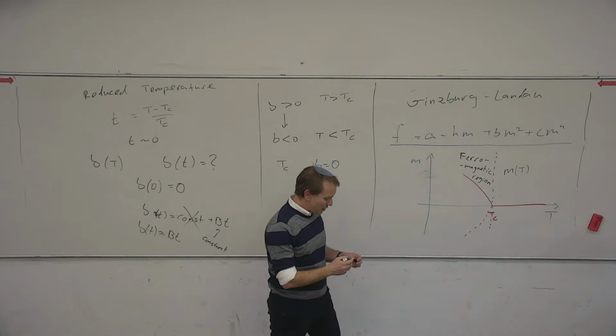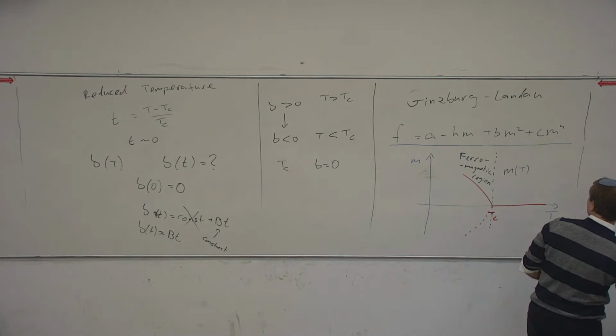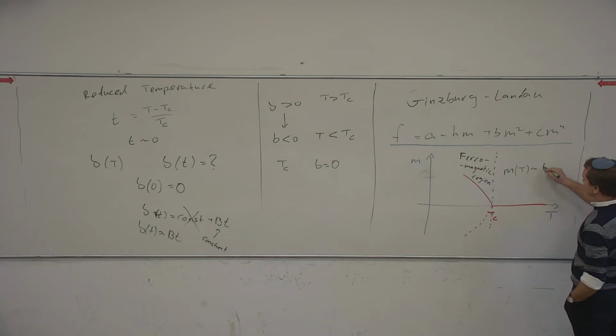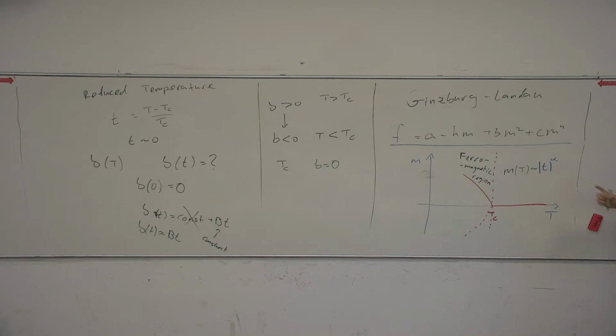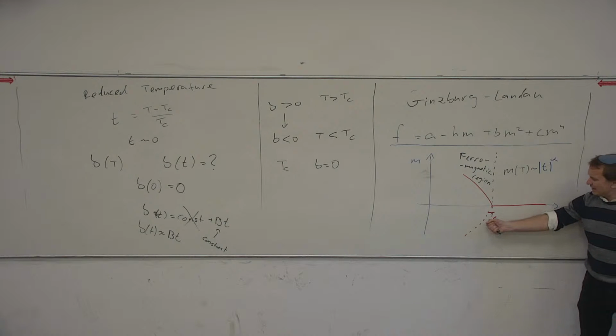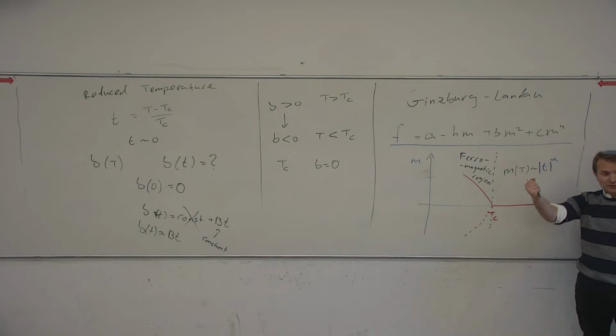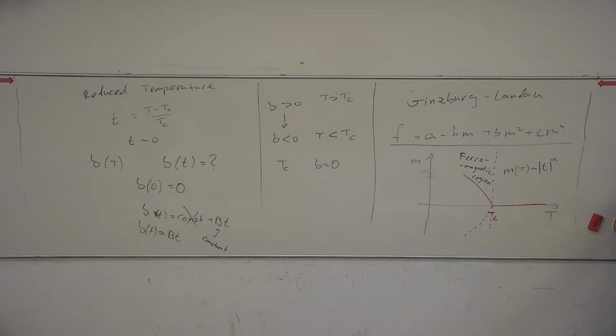And what they found in many experiments is that M of T goes as T to some power alpha. And this alpha was the same for many different materials. So when I'm speaking about universality, it's not that the critical temperature is the same for many different materials. No, the critical temperature is going to be different from one material to the other.